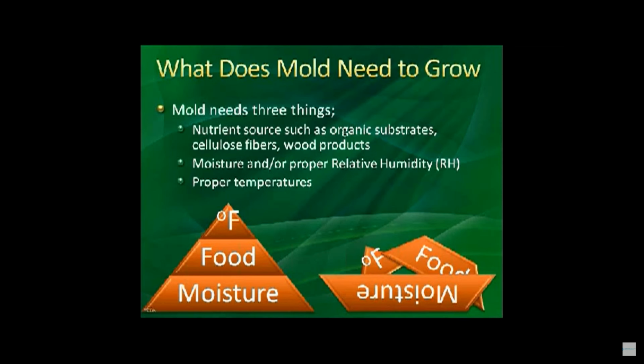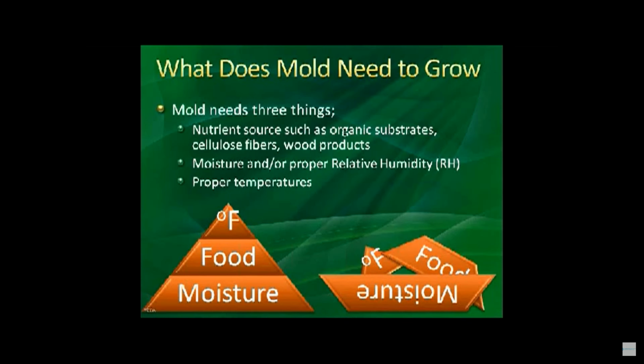So by keeping proper temperatures inside of a building during the winter or during the summer, and controlling the relative humidity, any leaking pipes, and proper cleaning or putting proper antimicrobials down to take away the food source, you can control mold. You can actually design plans to give to your clients.